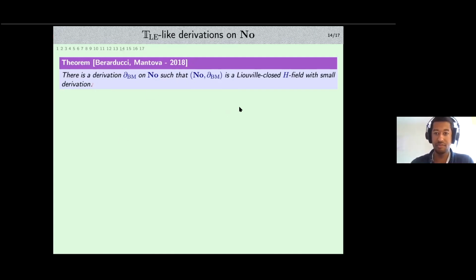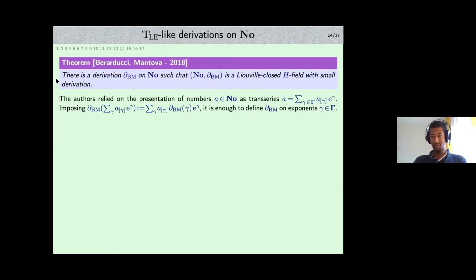So they find a derivation that turns NO into a Liouville closed H field. To explain how it works, you take a number A written as a transseries, and you want to define the derivative. What you want is that the derivative of the exponential of gamma should be the derivative of gamma times exponential of gamma.